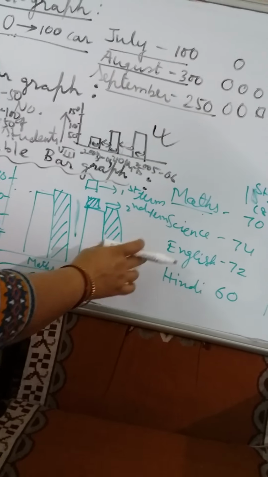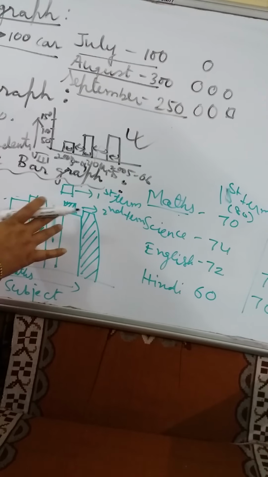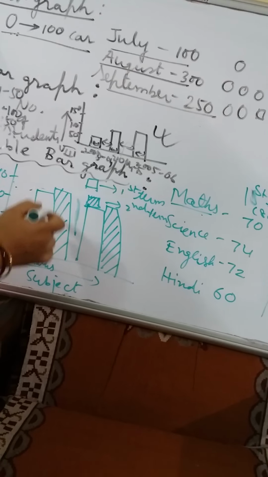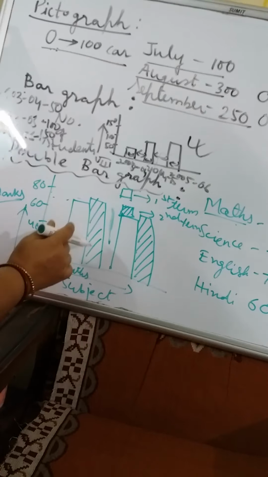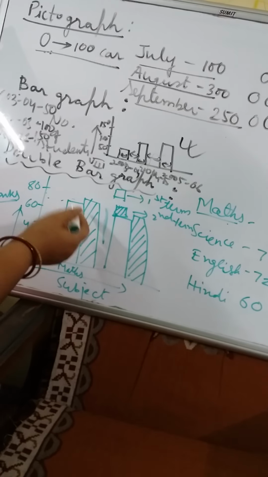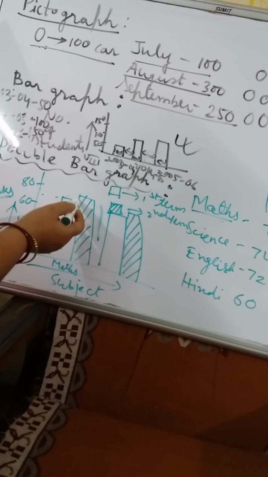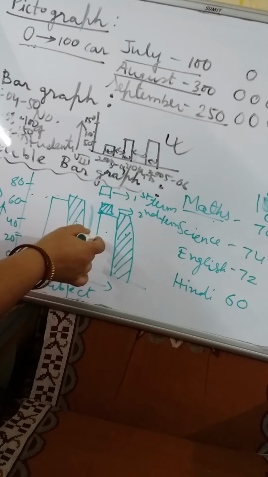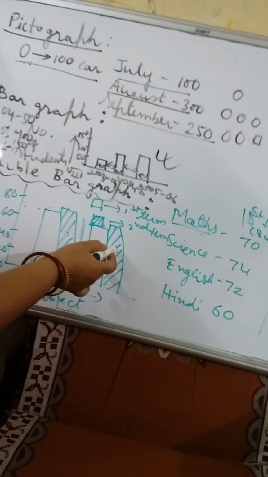This way we can draw double bar graphs, and easily compare in which subject he has performed better in which term. In maths, the second term he has performed better. In science again, in the second term he has performed better.